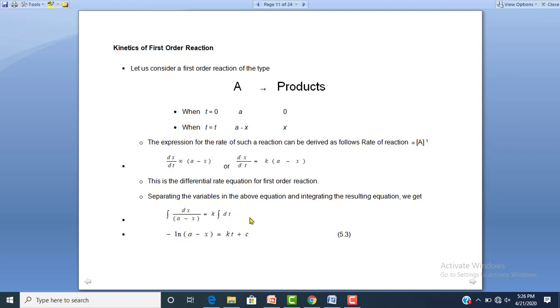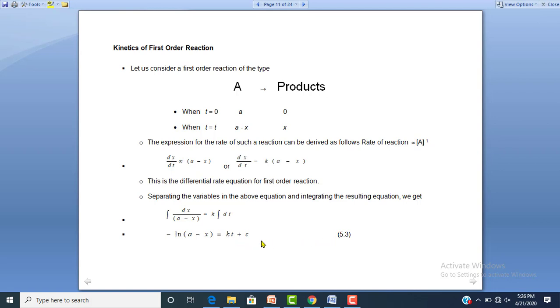And the main important rule of integration is that when we apply integration to the right hand side of this equation, then the sign of integration with the derivative d will be replaced with plus c. So c is here the integration constant. So when we integrated the equation, we got equation 5.3: minus natural log of (a minus x) is equal to kt plus c.